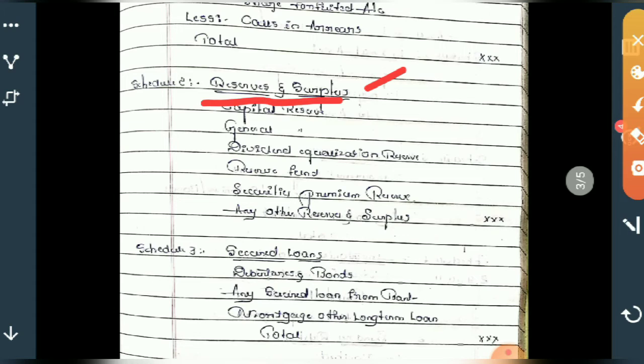In reserves and surplus you will have different reserves, you know that. Capital reserve, general reserve, dividend equalization reserve, any reserve funds, securities premium reserve, any other reserves. If it is there in your problem, you have to consider it, total it and bring it into the outer column.